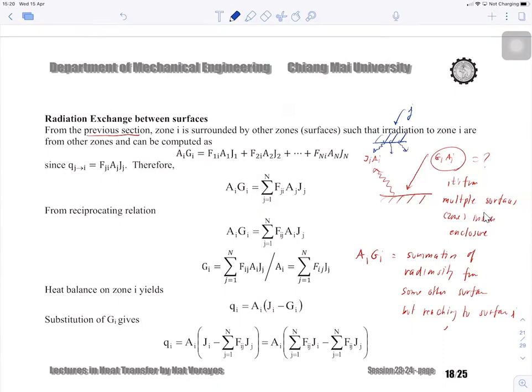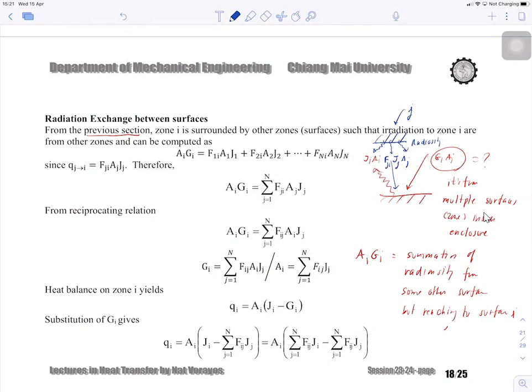Radiation from surface J is the radiosity itself from surface J. So radiosity from surface J is JJ multiplied by AJ, but just part of it reaches this surface. How much part of it? You have to multiply by FJI.